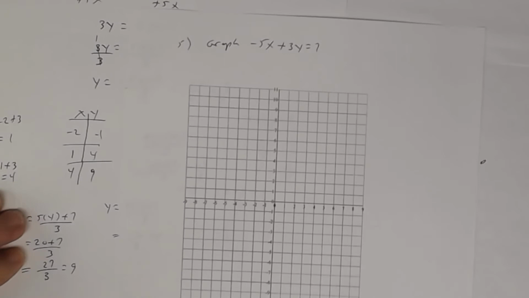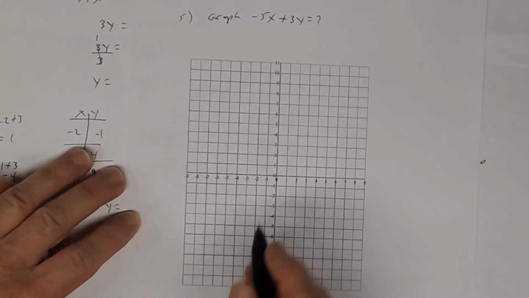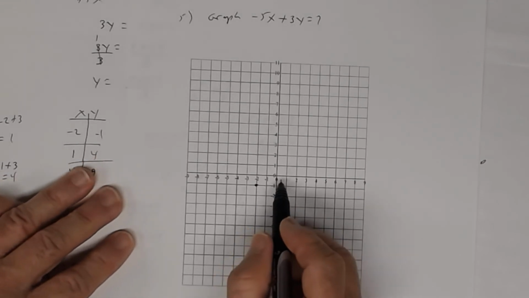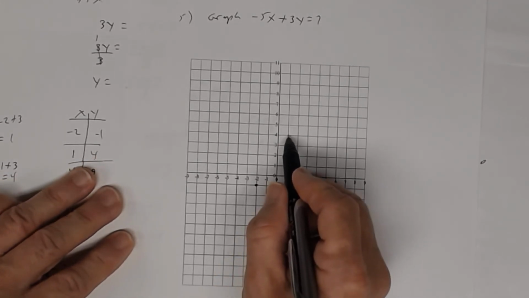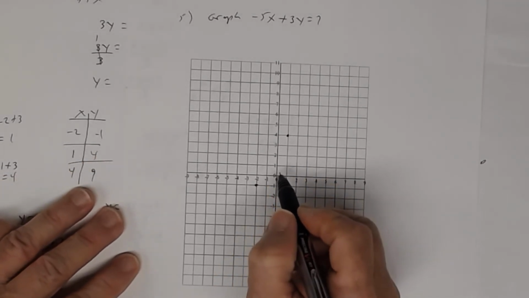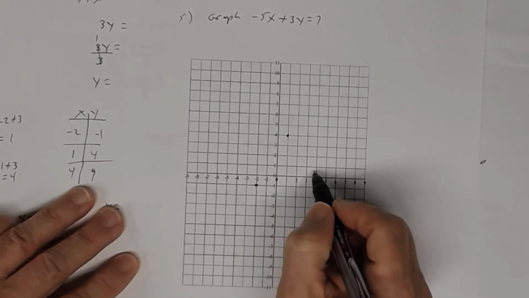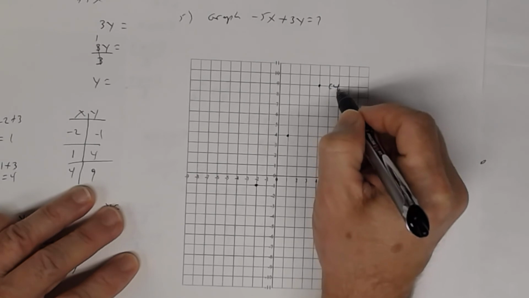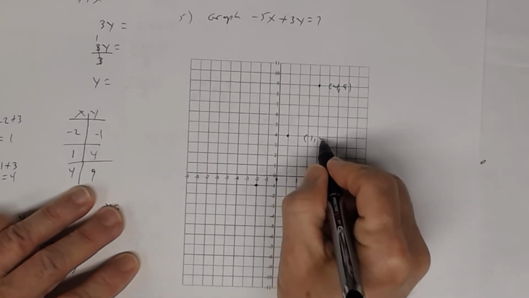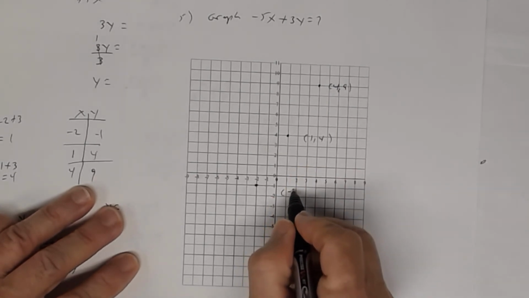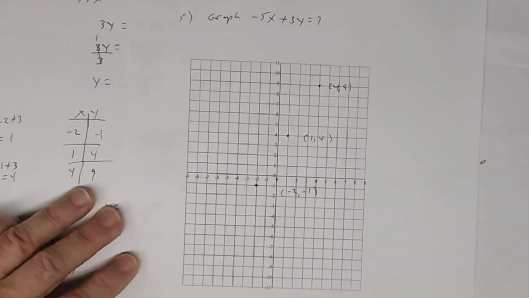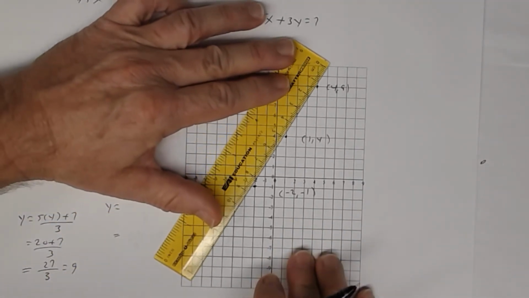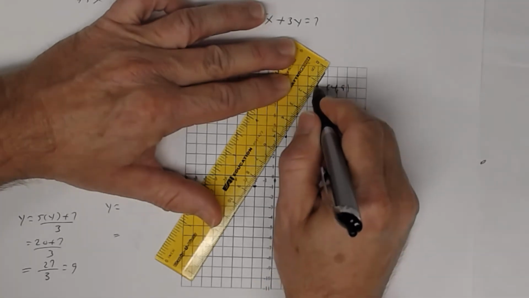And so when I do that, -2, -1 is here. 1, 4 is here in the first quadrant. And then 4, 9 is also in the first quadrant. So I go to the right 4, up 9, and that's here. So 4, 9, 1, 4, and then this one was -2, -1. And when I plot those points, hopefully they're collinear, and they are. And so you just draw your line.